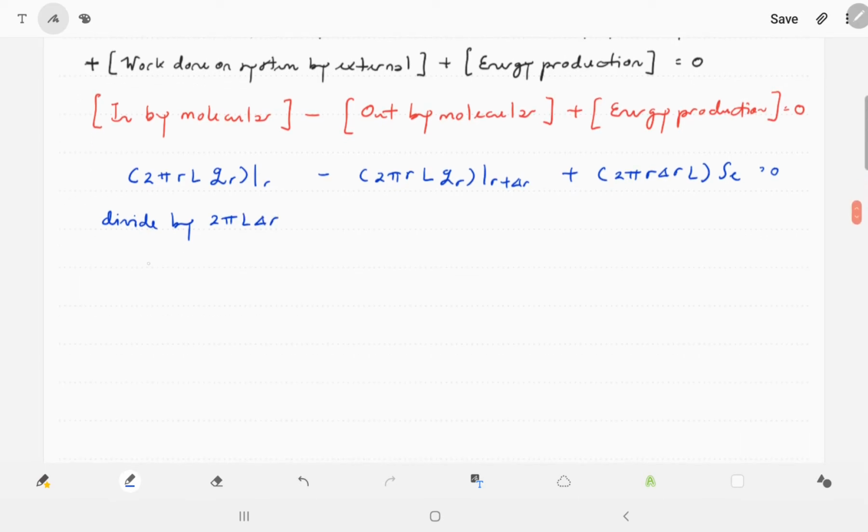Okay, once we divide, then we will get this expression.